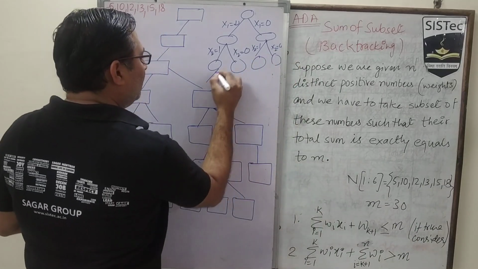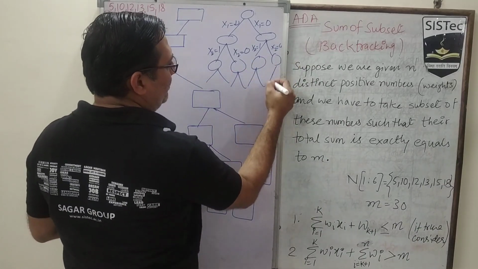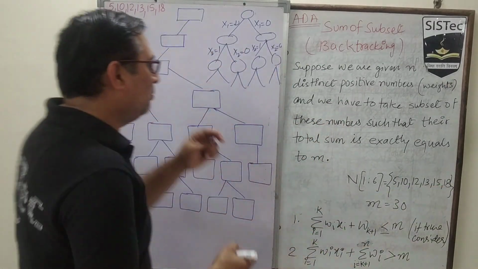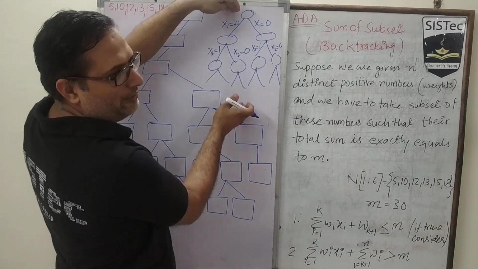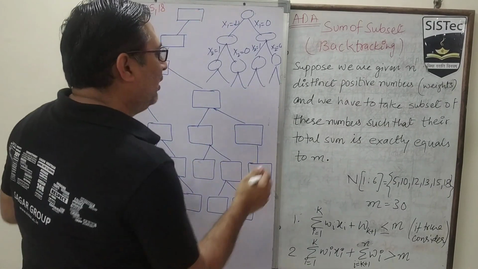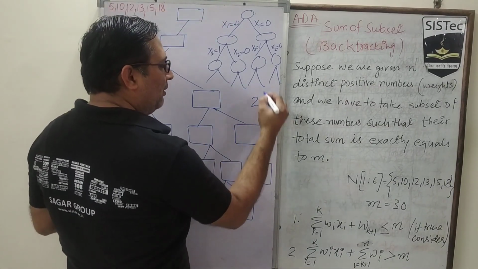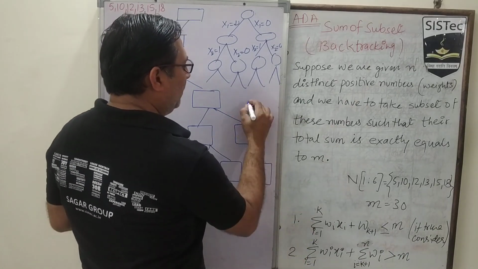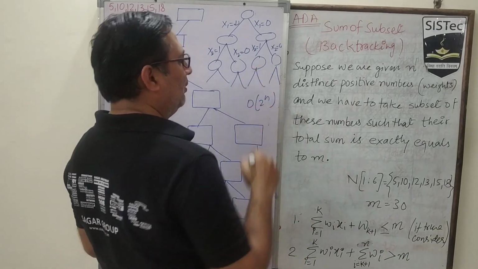In this way, when we explore the whole solution space tree, we have 6 weights, so we'll have 7 levels. Except the root, we'll have 6 levels. So the total possibilities will be 2 to the power 6, that is, big O of 2 to the power n.